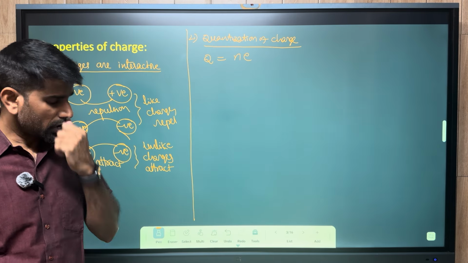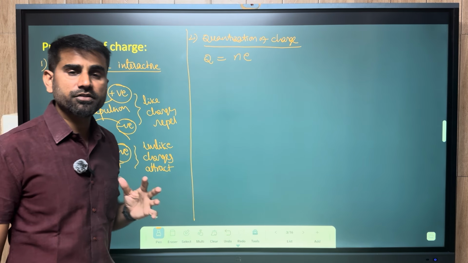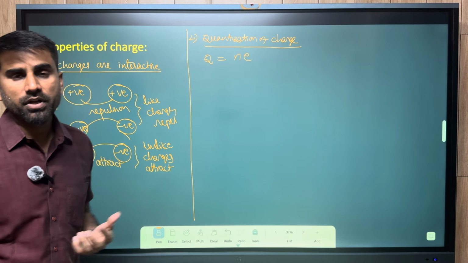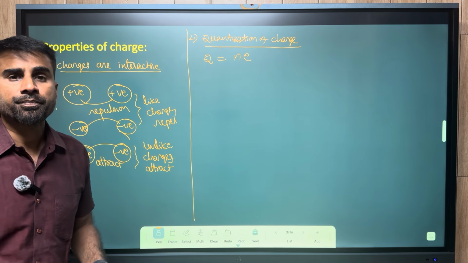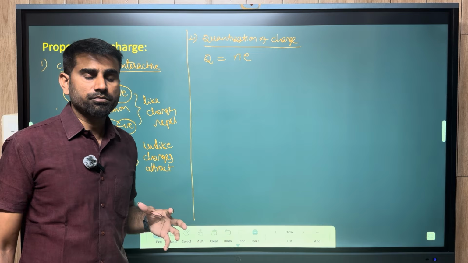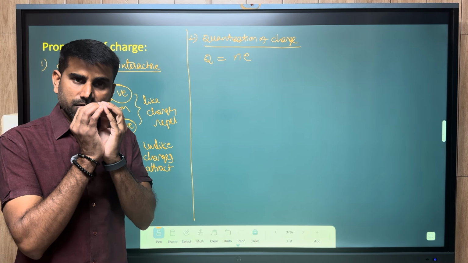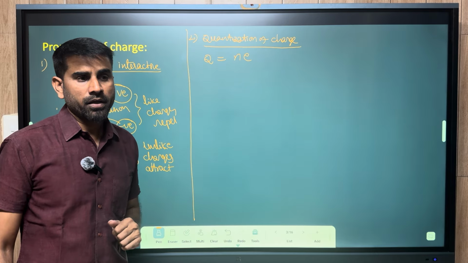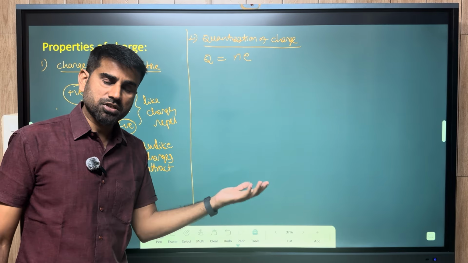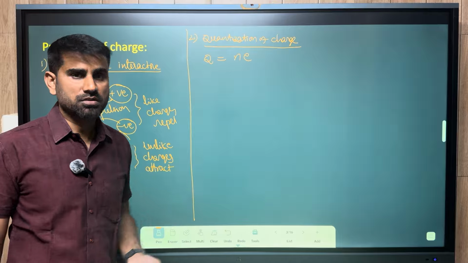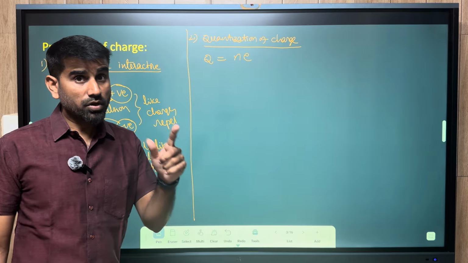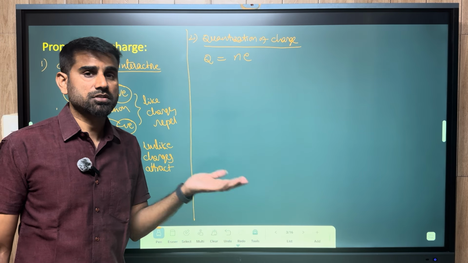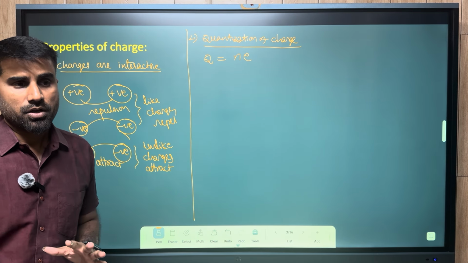Why is the electron or proton considered the smallest unit of charge? Because if you consider any atom, like we discussed in the earlier slide, all the protons lie in the nucleus, all the electrons revolve around the nucleus, and all the electrons have the same charge, and all the protons also have the same charge. Electrons and protons have the same magnitude of charge, but opposite polarity. Electron has negative charge and proton has positive charge.